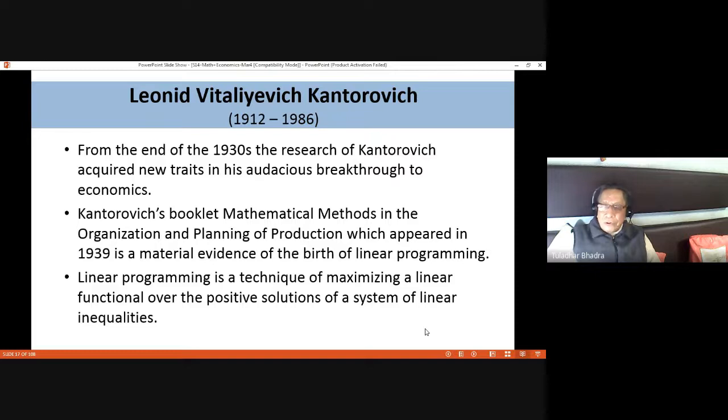So he is the father of linear programming. Linear programming is a technique of maximizing a linear function over the set of positive solutions of a system of linear equalities. I hope that many of us must have studied linear programming, the maximization of a functional.